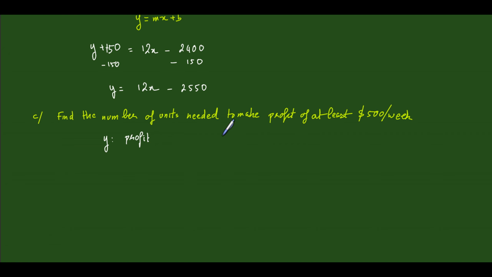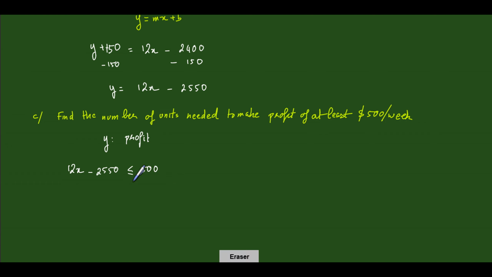All right. So at least, it means what? Every time you hear at least or at most, you think about inequality. At least means what? So the profit over here, 12x minus 2550, at least 500.